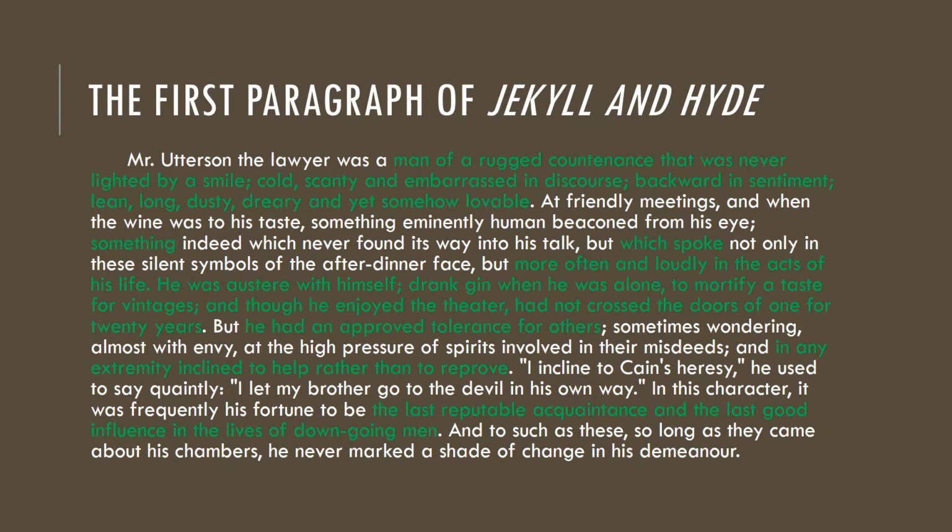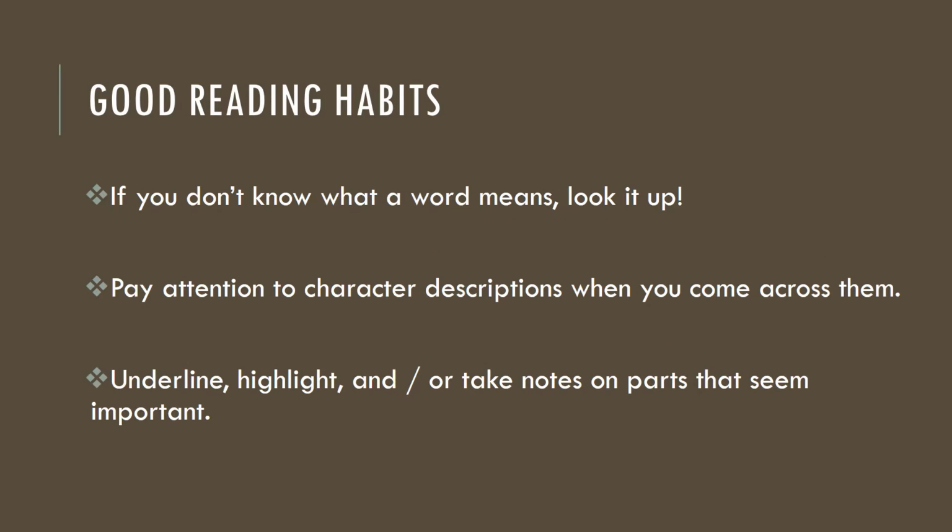As I said, this is probably one of the most densely packed paragraphs in the whole novella, so don't despair if you feel like you might not have noticed all of these details on your own. The fact that it is such a full paragraph is a big part of why I wanted to look at it together before you jumped into the reading yourselves. I also hope that looking at this together has set you up with some good habits.